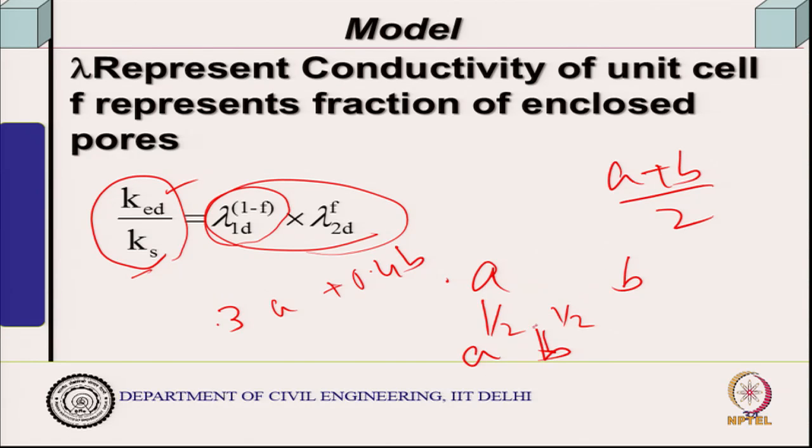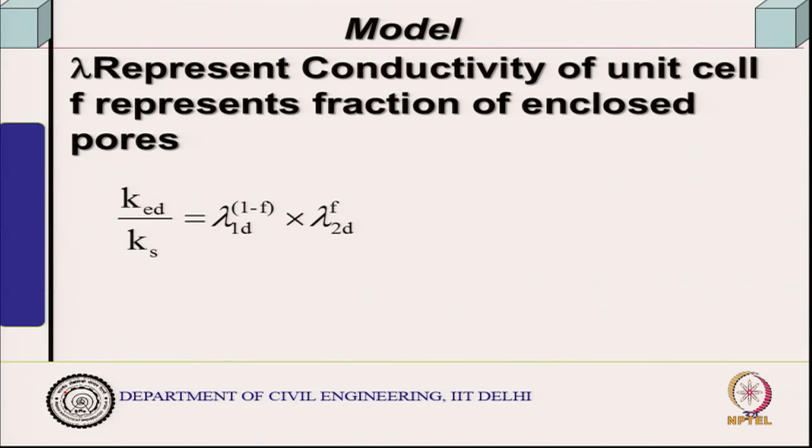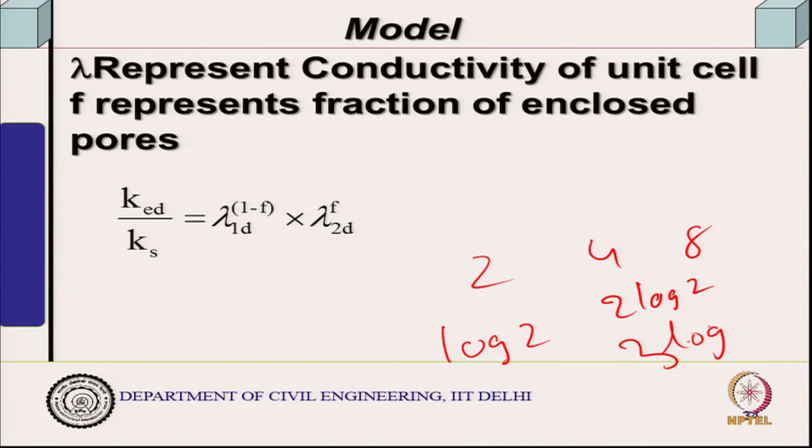Simply the weightage factors will be 0.3 and 0.4, but in the case of geometric means this will go to the power, because in geometric means, when something is varying in geometric progression, say 2, 4, 8 etc., you take the log. So, log 2, next one will be 2 log 2, then this will be 3 log 2. So, the log varies in arithmetic progression.